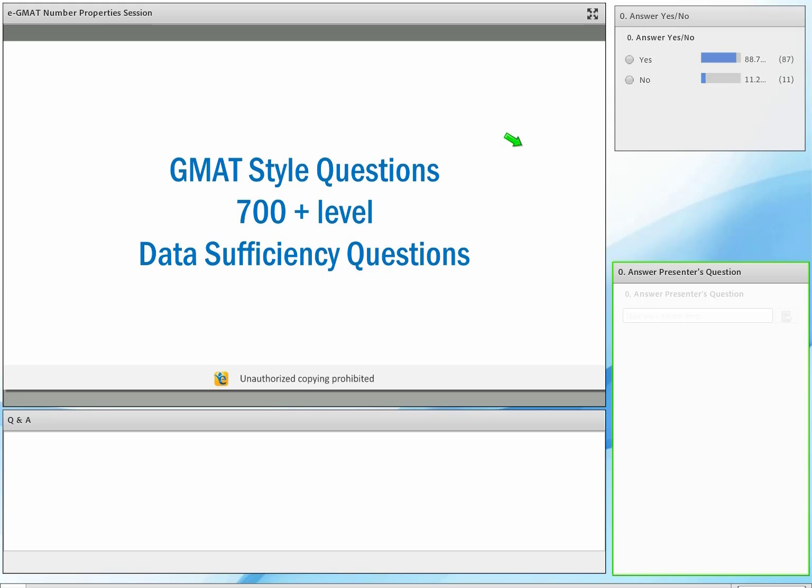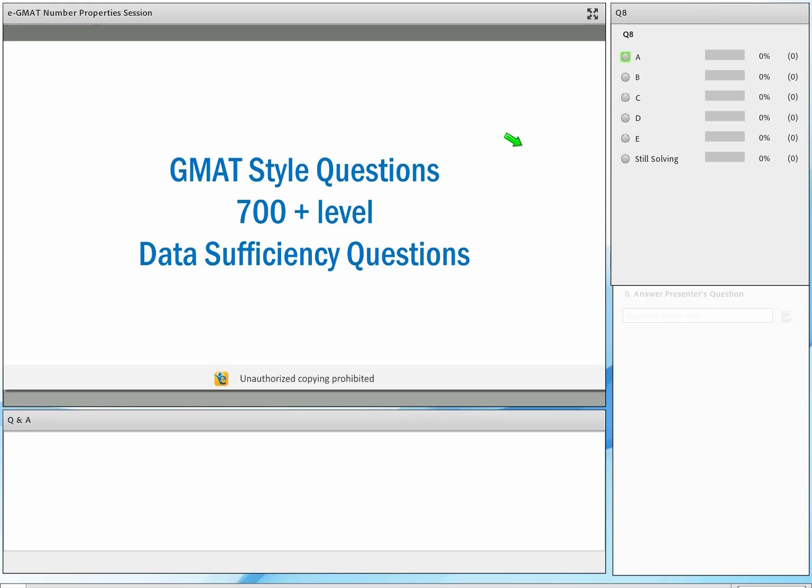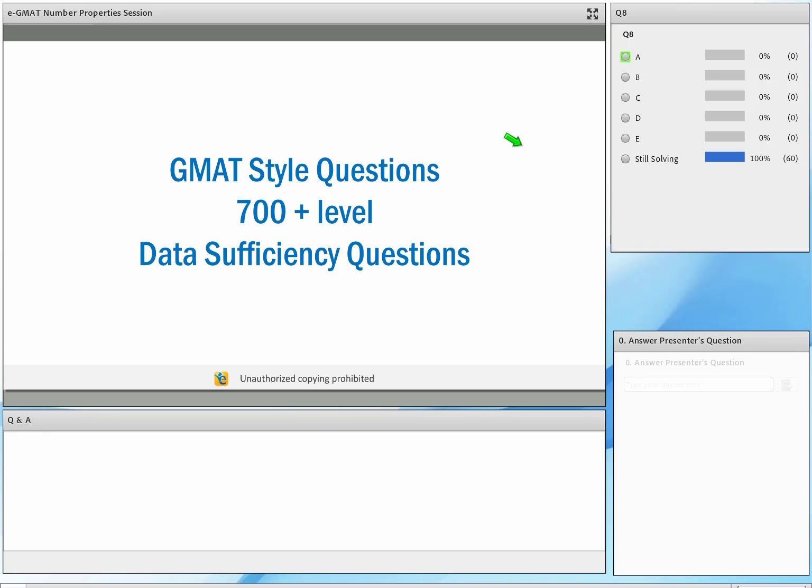So let me show you the poll here. Do you guys see still solving here? Please click on still solving because that tells me how many of you are actively engaged in this particular question. Okay, let's get this number to at least 120. We have about 187 participants to be exact. So let's get this number to around 120.